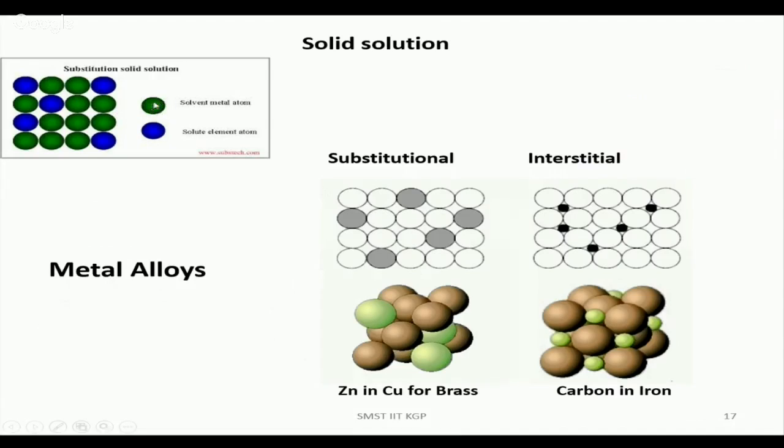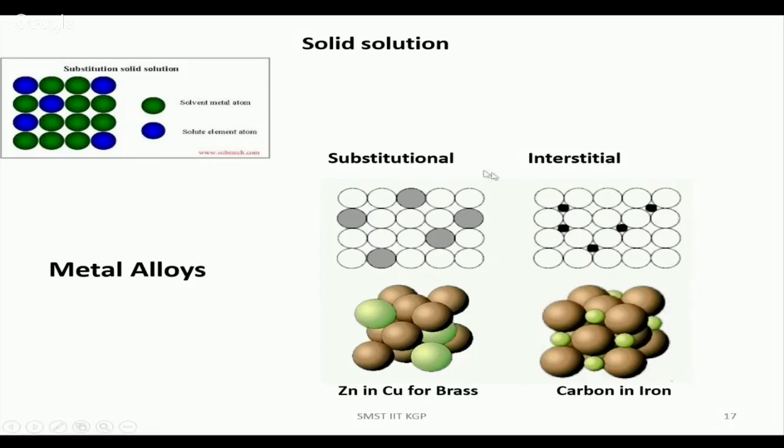As you can see, the green color one is the solvent and the blue color one is the solute, and solute will be dissolved in the solvent. And as you can see from the microstructure or the cartoons, for the substitutional solid solution, the solute is substituting the solvents. Similarly, in the interstitial solid solution, solute is actually taking the gap between the solvents.